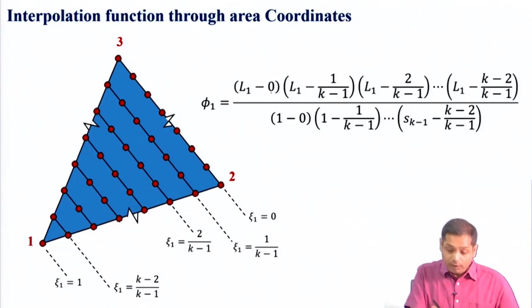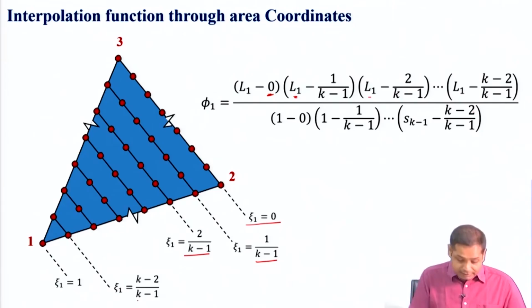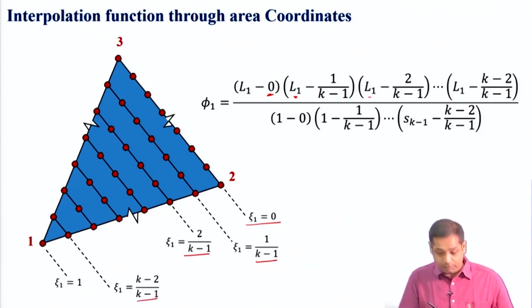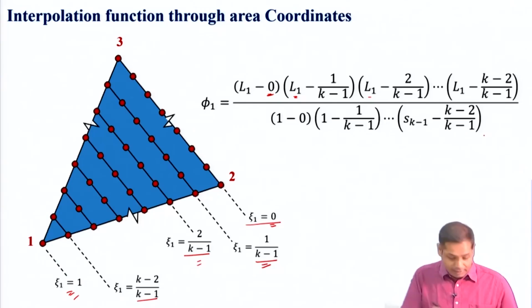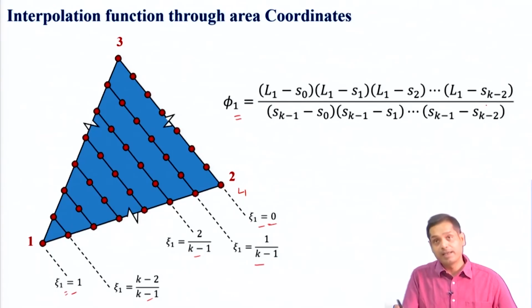So the expression of phi 1 will be like this. L1 minus 0, then L1 minus the next coordinate, and similarly L1 minus the next, and then in the denominator, this coordinate minus each of the other coordinates, which is the same as this expression.